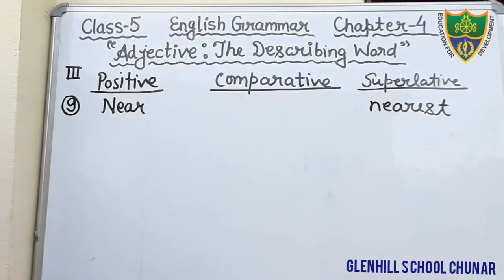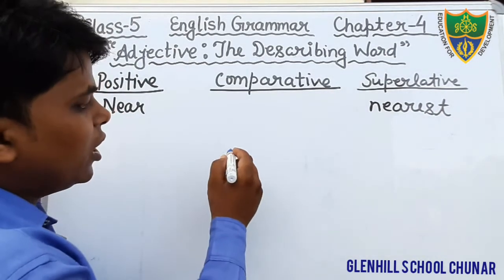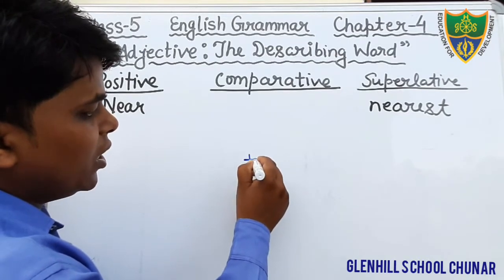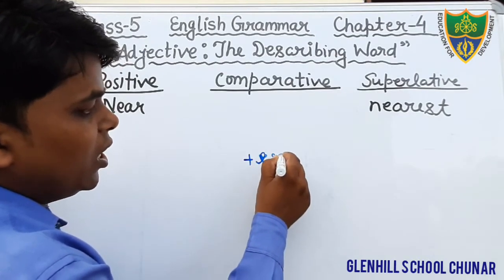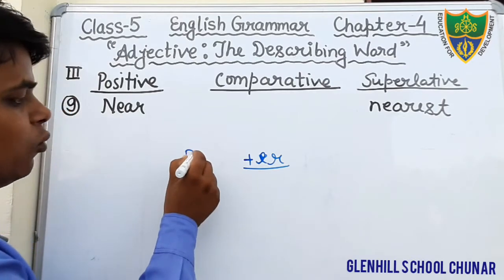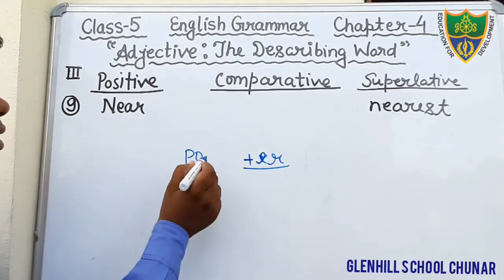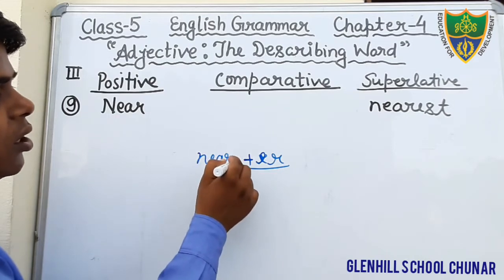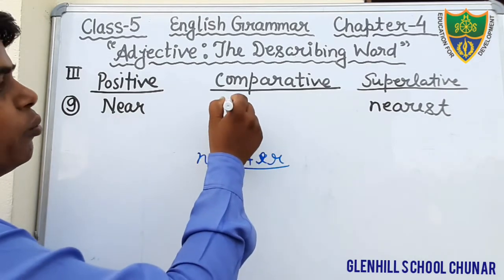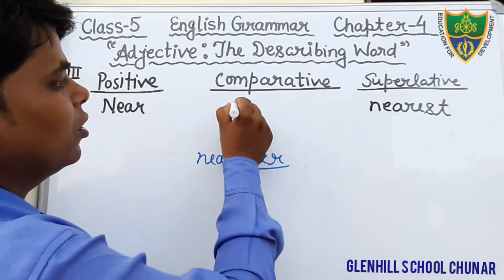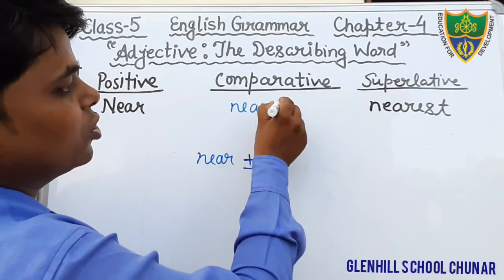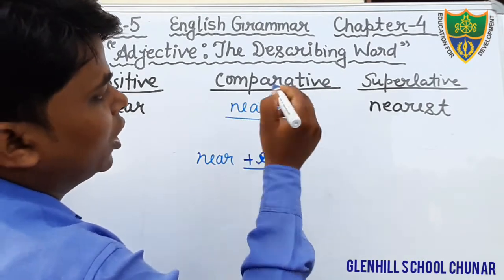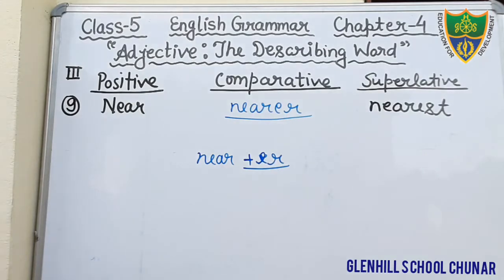Here you have to fill the comparative degree. Dear students, I have told you that in comparative degree we add ER to the positive degree. What is positive degree? It is given here: near. It becomes nearer. So what would be the comparative degree? Nearer. Okay students, just write down the word nearer in the column of comparative degree.